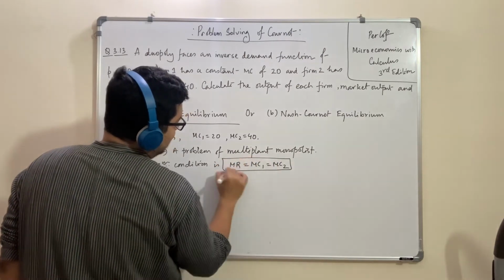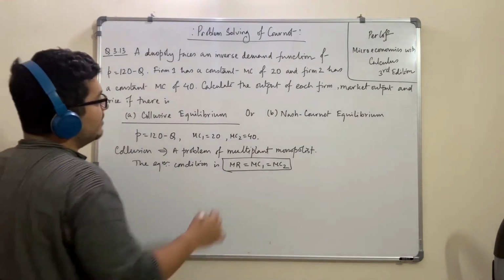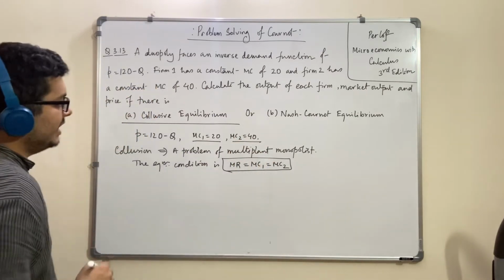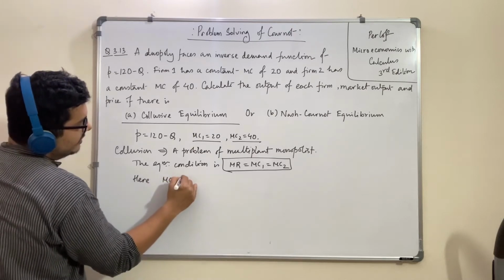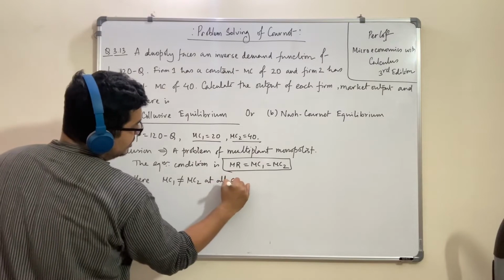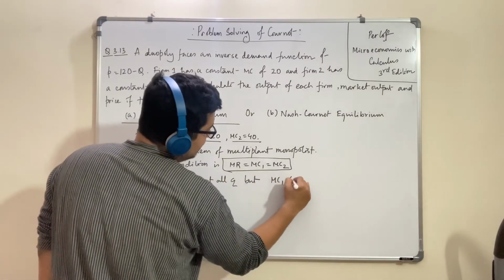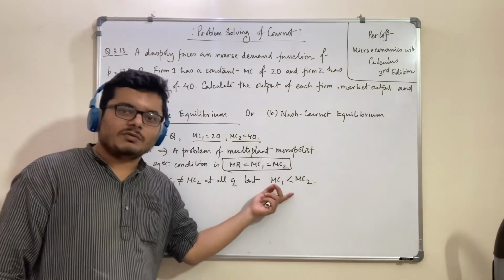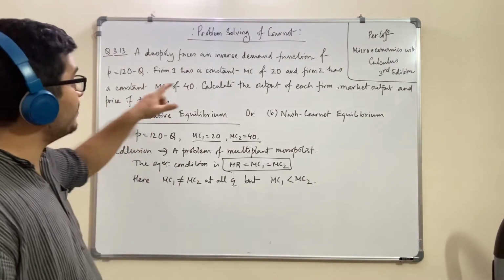Okay. Now here is the catch. The catch is that if I look at the MC, then MC1 is 20 and MC2 is equal to 40. That is, not only do we have MC1 not equal to MC2 at all Q, but we have MC1 strictly less than MC2, which means that there is no way that the monopolist is going to use firm 2.